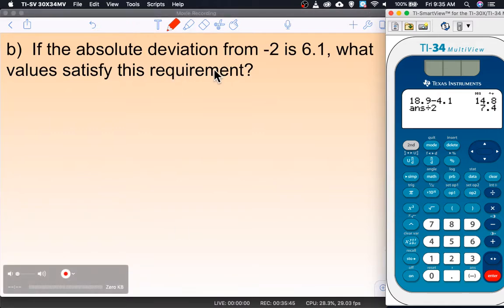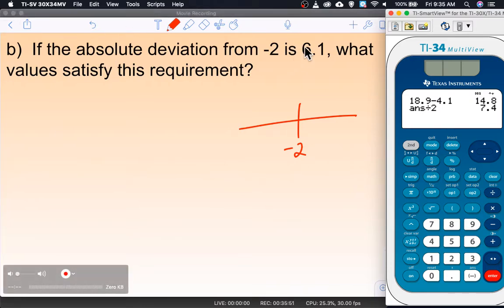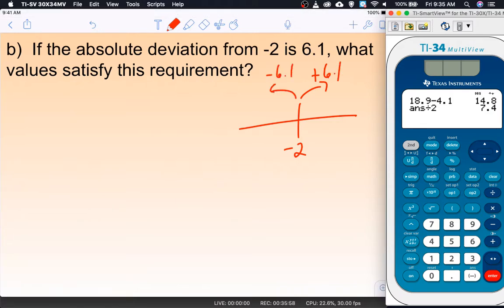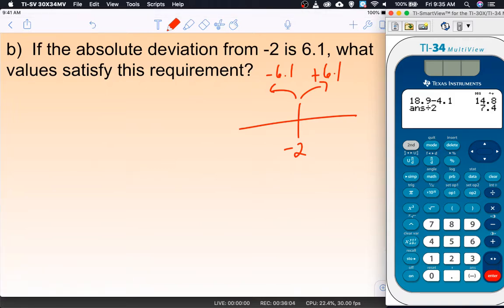If the absolute deviation from -2, so I'm starting from -2, and the deviation is 6.1, I'm going up 6.1 and I'm going down 6.1. What values satisfy this requirement? I'm still going to do the equation way because that's what we're trying to practice.